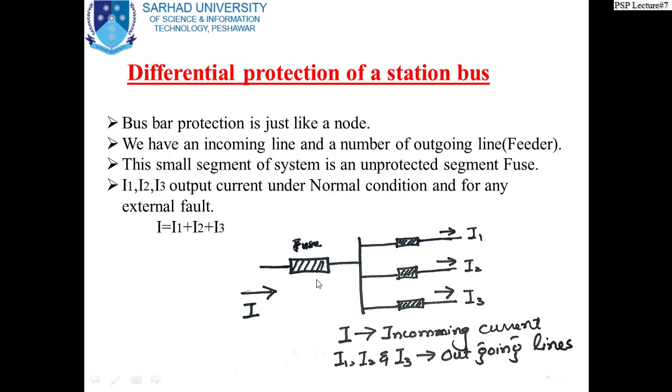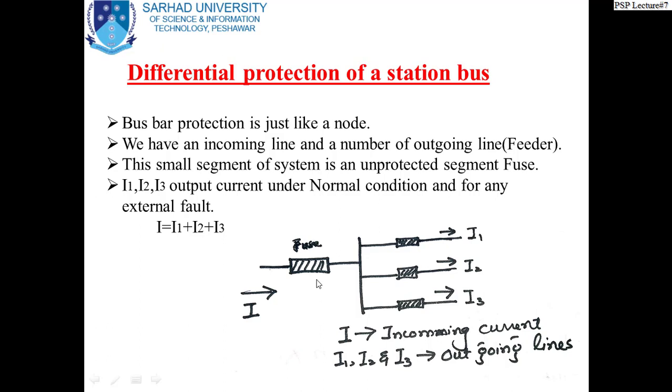These topics, generator protection and transformer protection, will be taken as separate topics when we come to the chapters on transformer protection and generator protection, because some more points will be discussed in those cases.